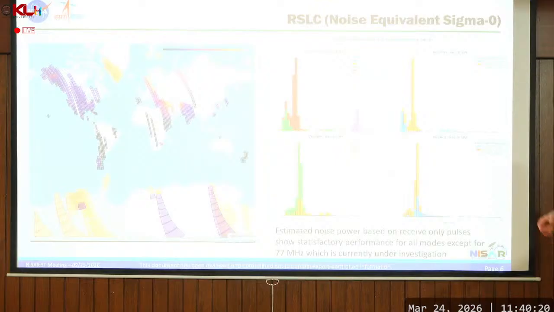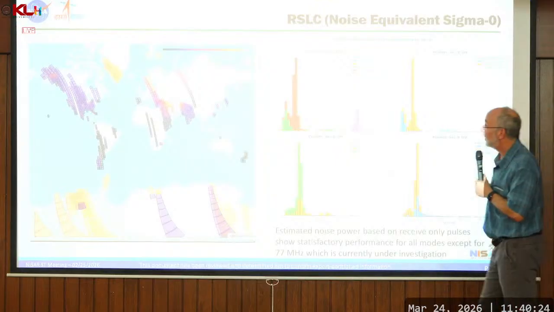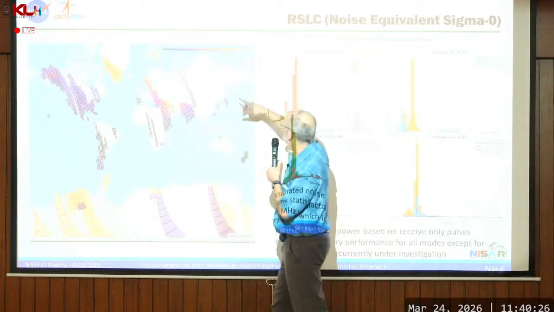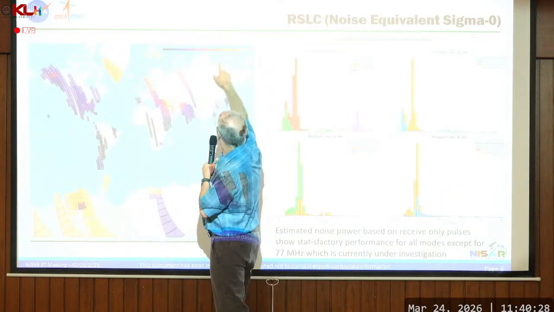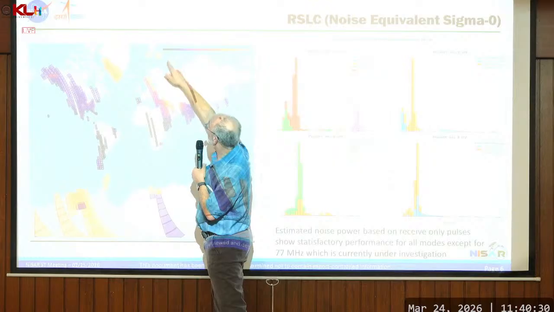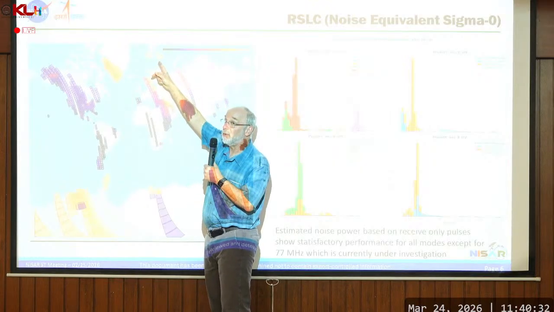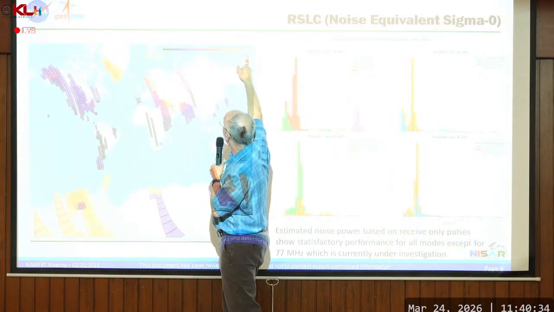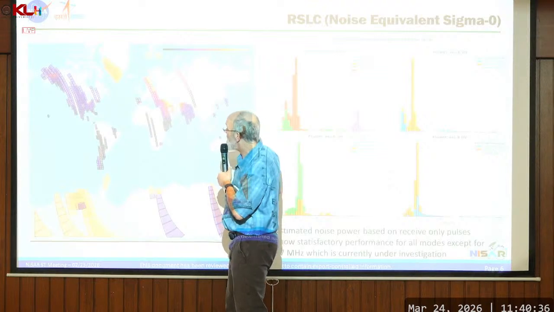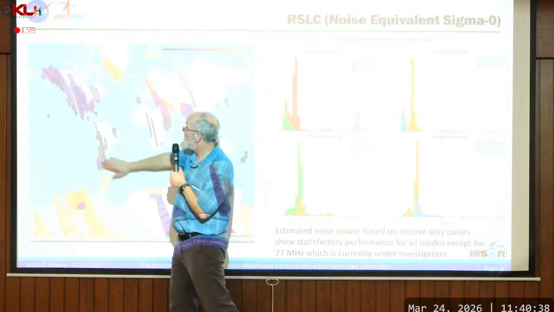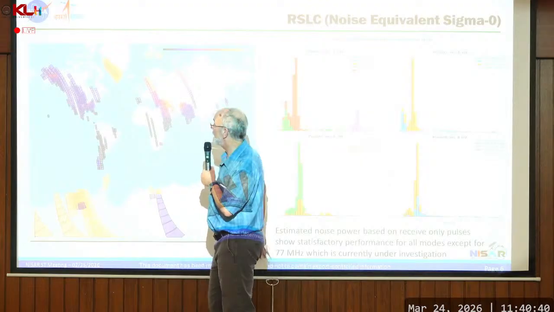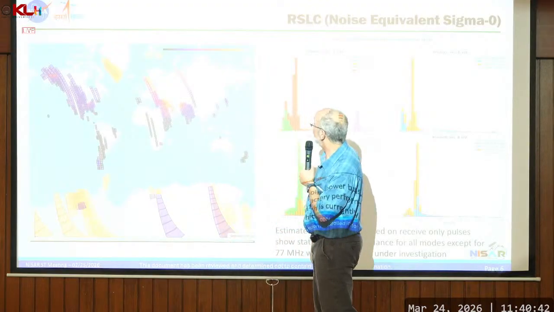So this gets to your question about noise level. You can see here the noise equivalent sigma naught, which is on a scale of -30 dB, which is purple. -21 is the top of that, and you can see mostly the noise equivalent sigma naught is in the -30 range.